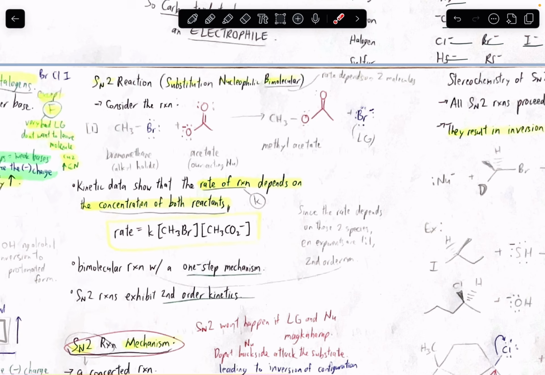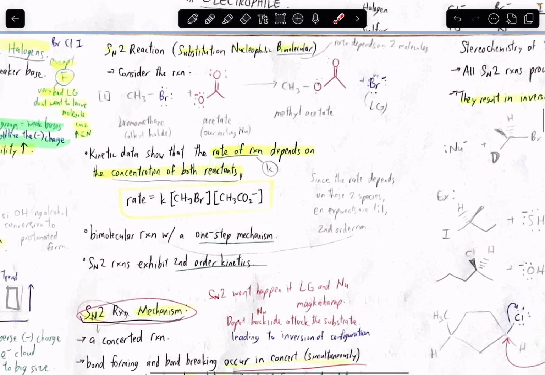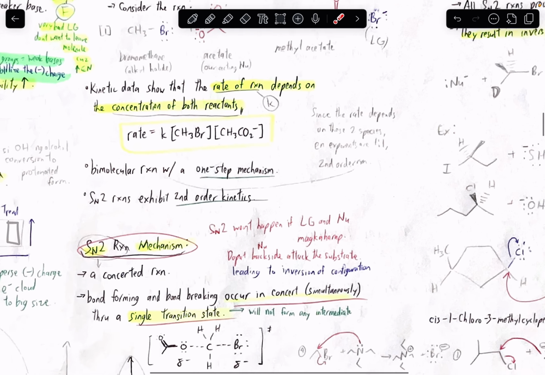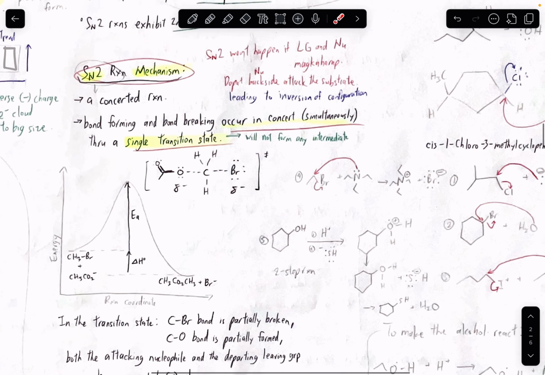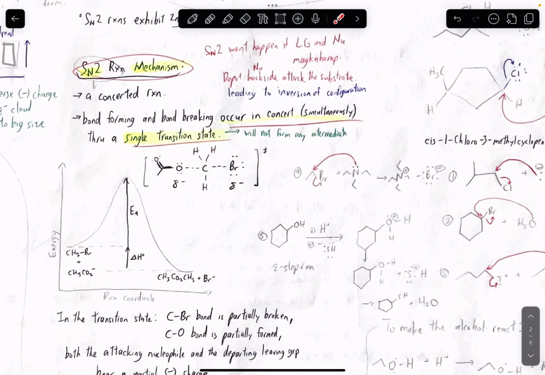In other words, Sn2 reactions exhibit second-order kinetics. When we say second-order kinetics, the reaction rate depends on the two reactants, namely the nucleophile and the substrate. Let's look at the mechanism of the Sn2 reaction.